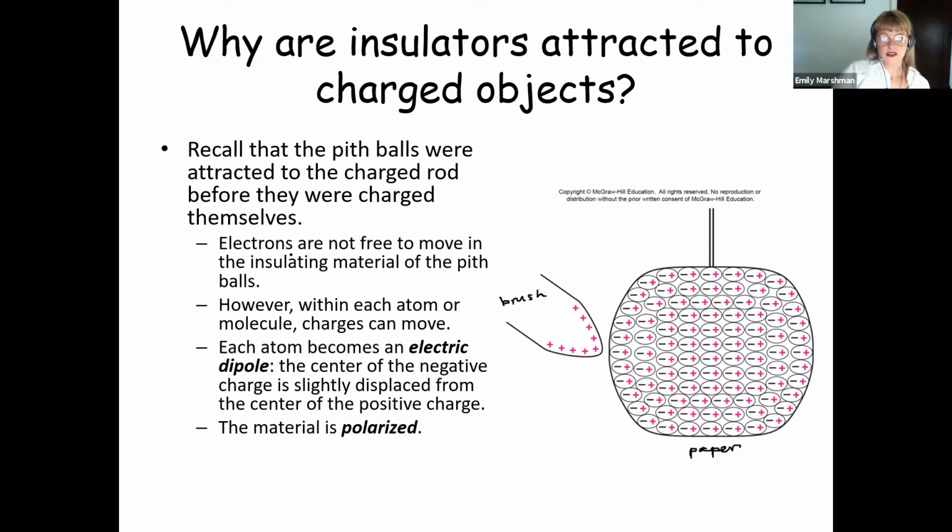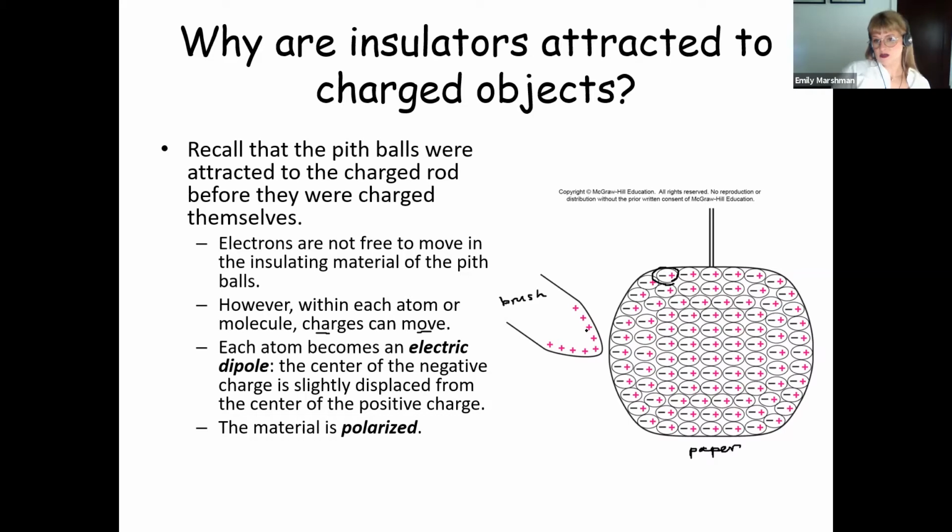In the insulator, the electrons are not free to move in the material, so they're kind of stuck. If each one of these little circles is an atom, the electrons cannot leave the atom in an insulator. They're almost frozen in place. But within each atom or molecule, the charges can move a little bit.